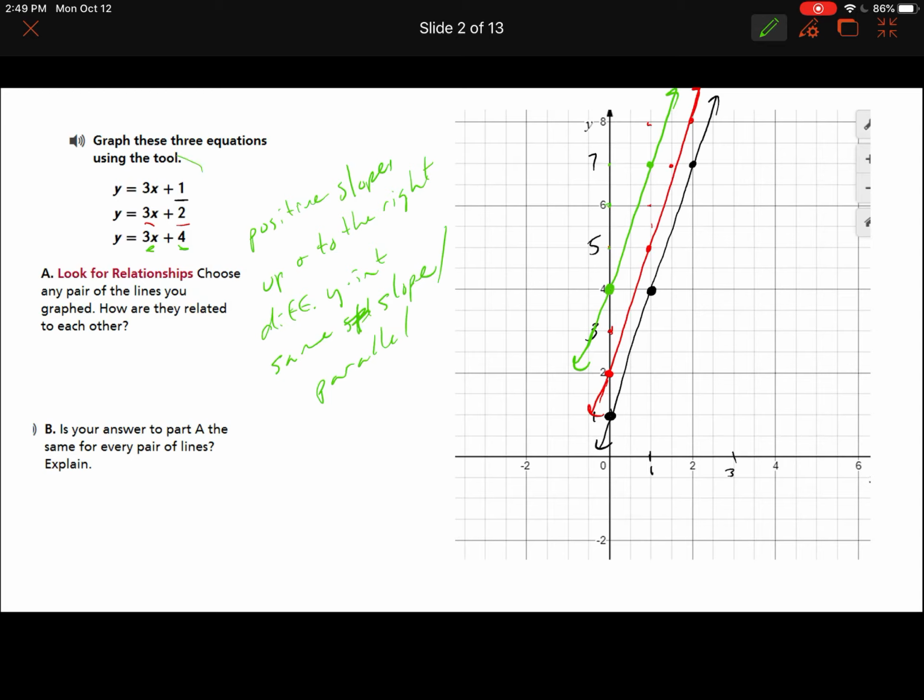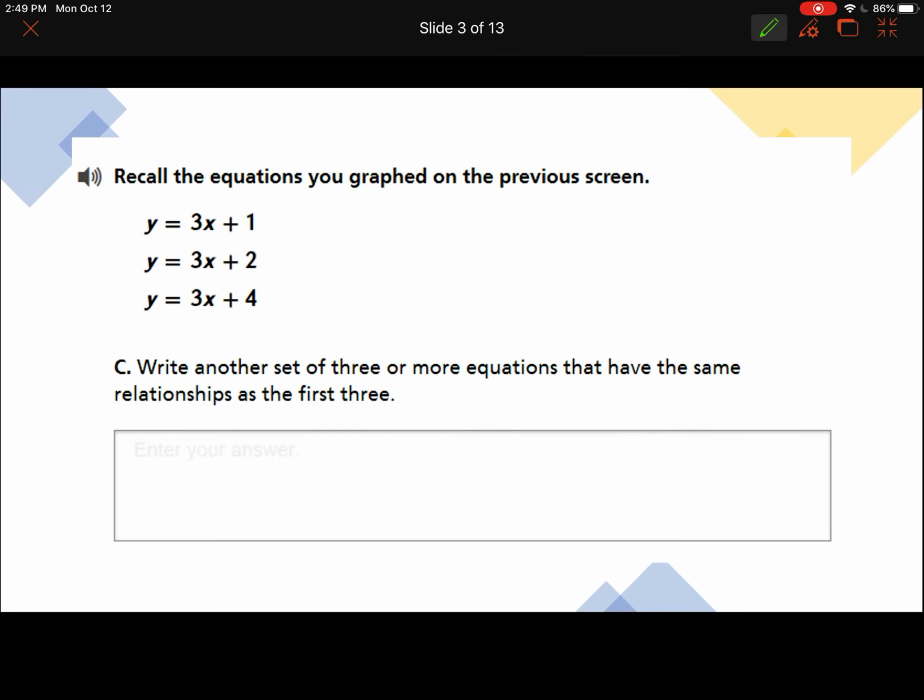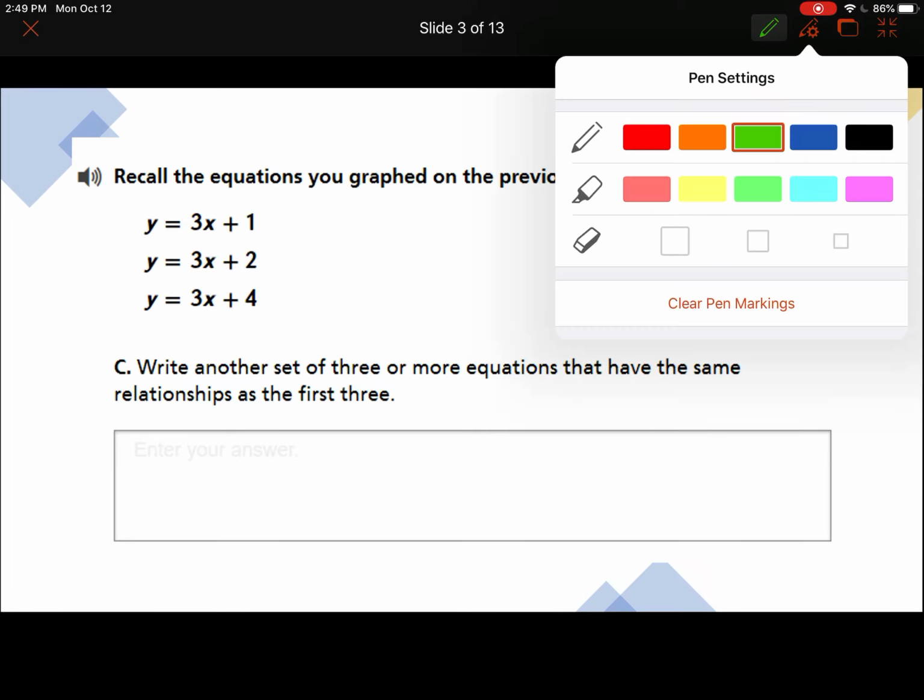And is it the same for every pair of lines in this set? Yes. Everyone's a positive slope. Everyone goes up and to the right. Everyone had a different y-intercept. And everyone had the same slope and was parallel. Part C then says, write another set of 3 or more that have the same relationships.